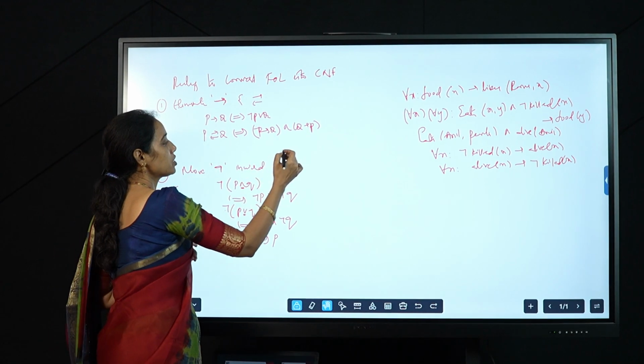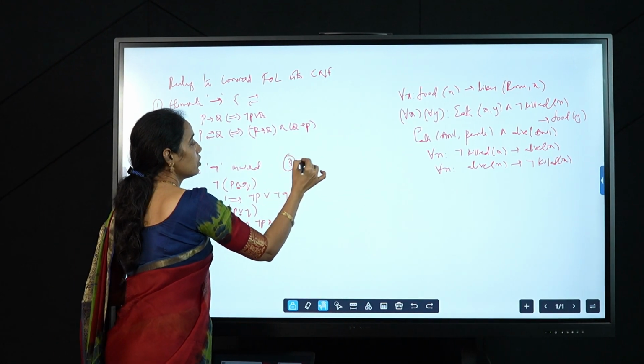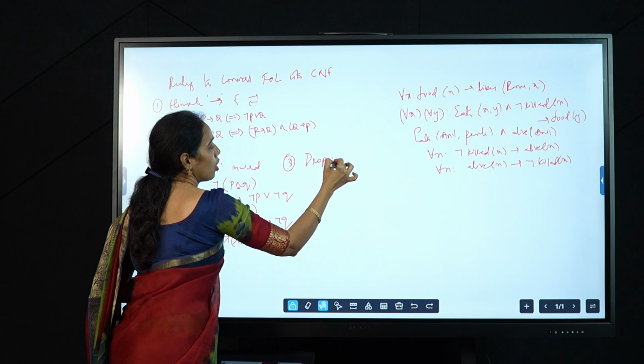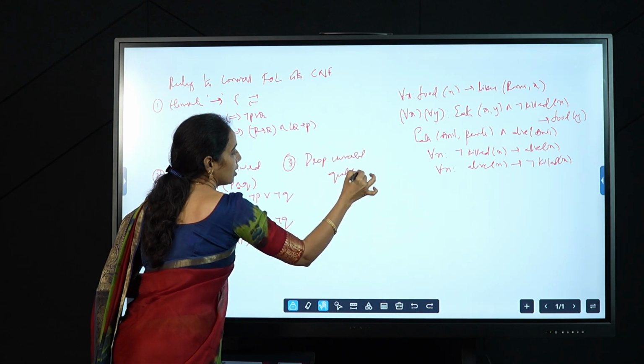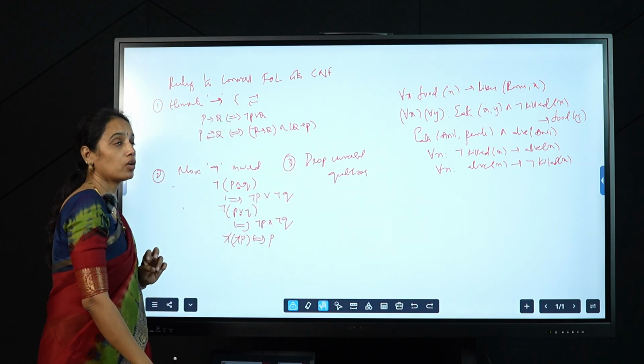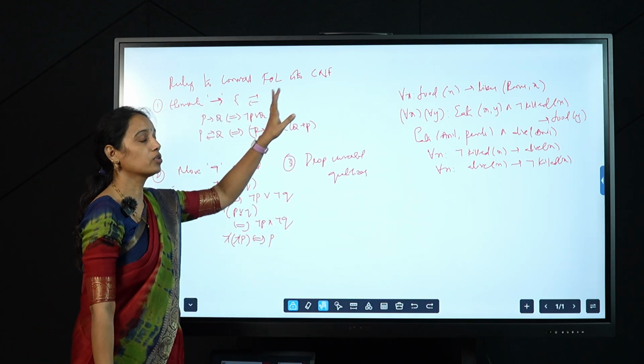And whenever you see any universal quantifier, we just drop it. So these are the 3 main rules to be followed when converting first order logic into CNF.